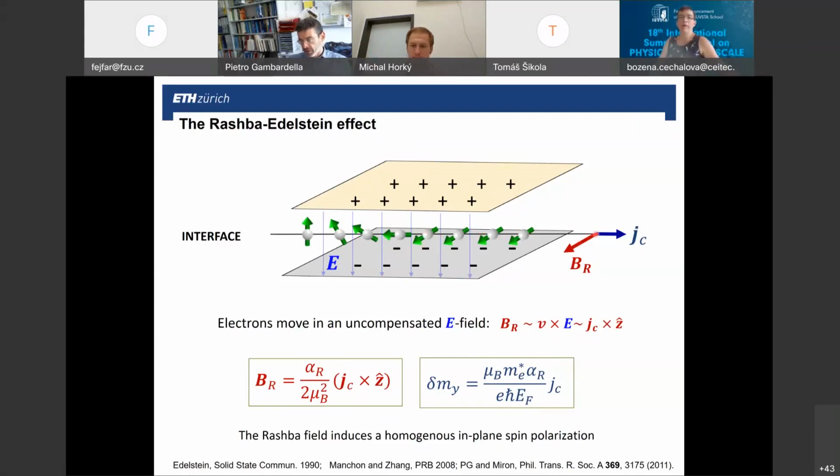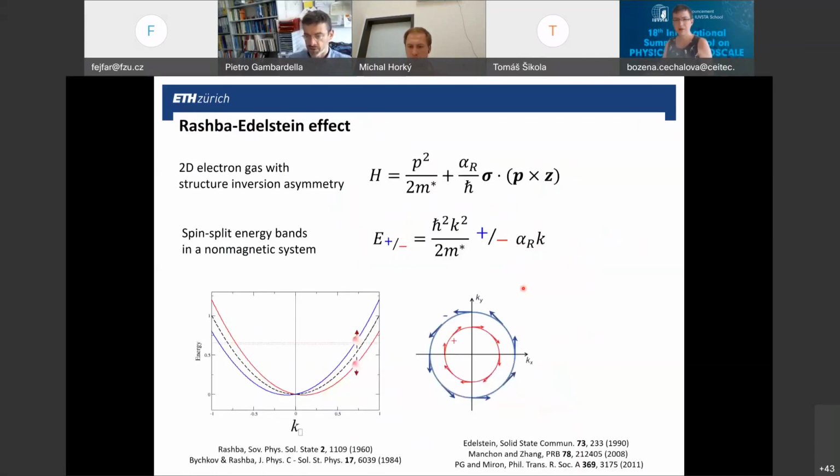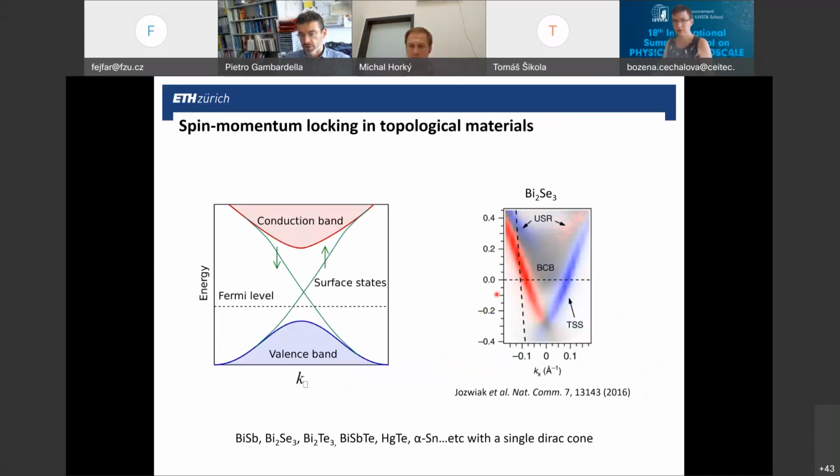And this effective relativistic field aligns the spin parallel to the interface plane and orthogonal to the current, and essentially produces a non-equilibrium magnetization that can then be used to generate a spin torque. Okay. This can also be seen in k-space, as in this diagram. Good. A very similar phenomenon occurs in topological insulators, where you have states with spin momentum locking.